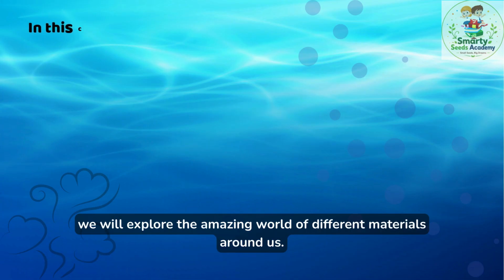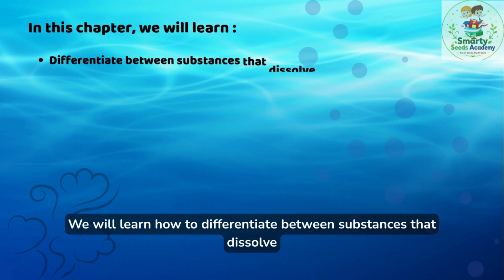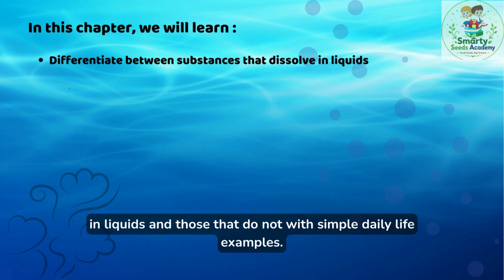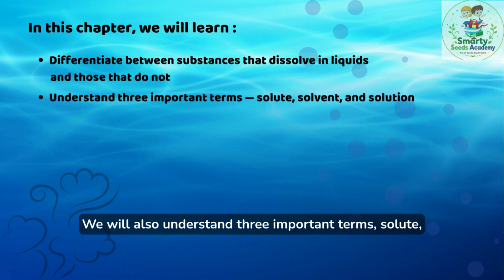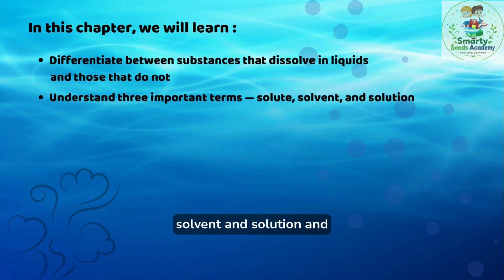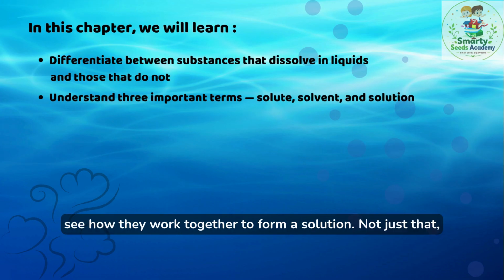In this chapter, we will explore the amazing world of different materials around us. We will learn how to differentiate between substances that dissolve in liquids and those that do not with simple daily life examples. We will also understand three important terms: solute, solvent, and solution, and see how they work together to form a solution.